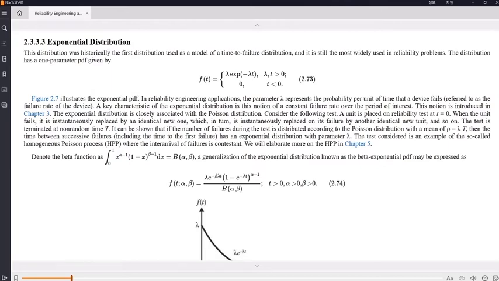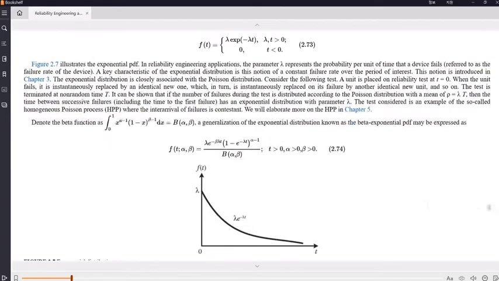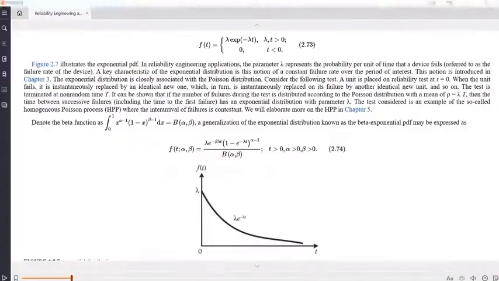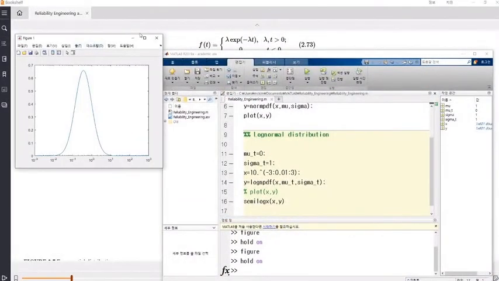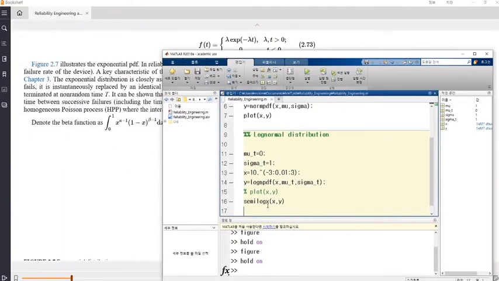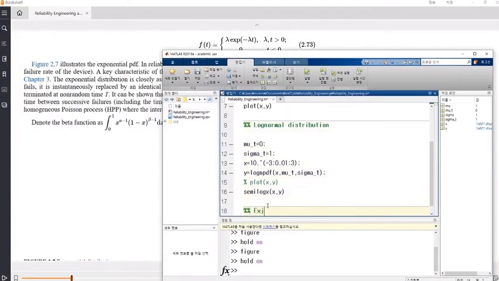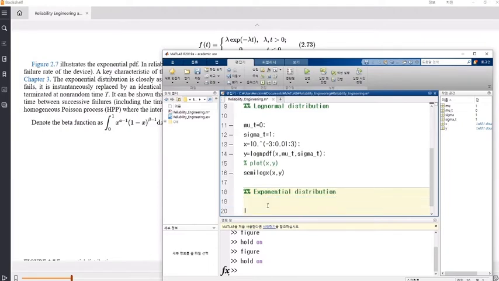So this figure illustrates the exponential distribution function. In case of the exponential distribution, lambda is given.